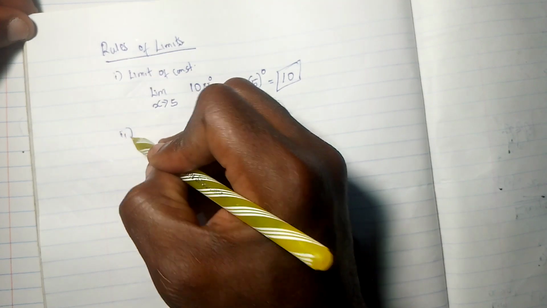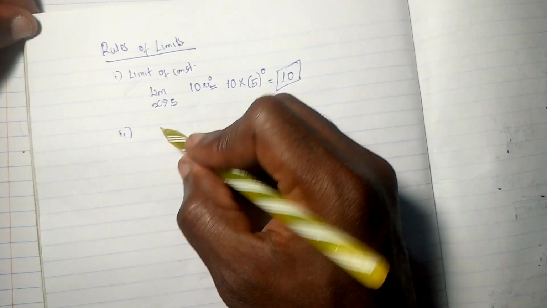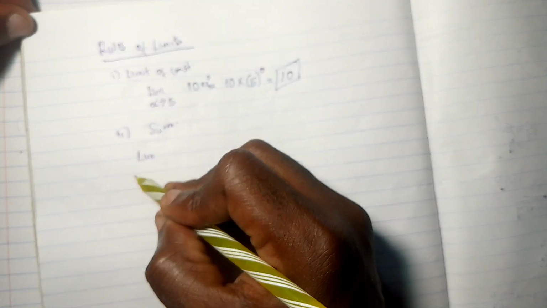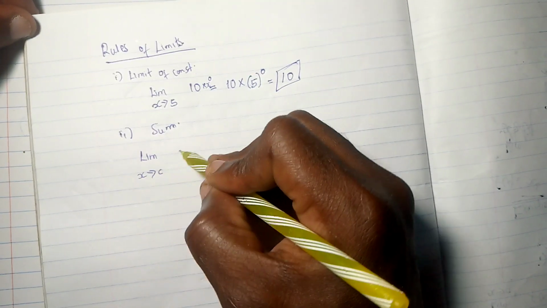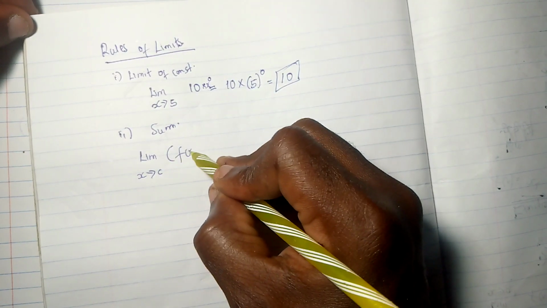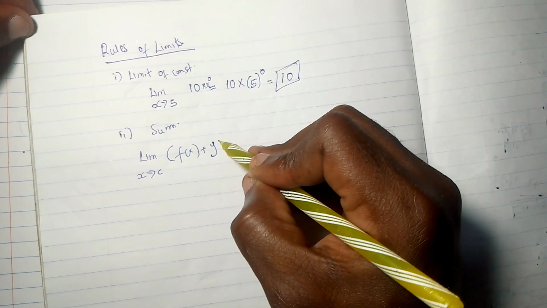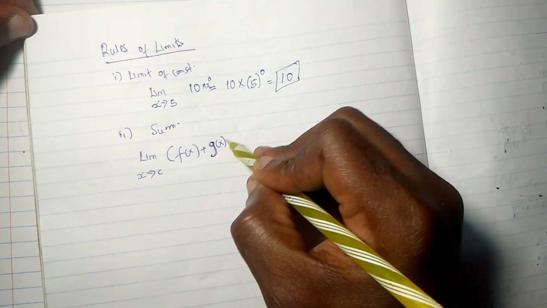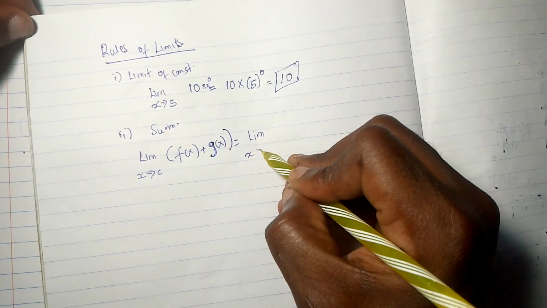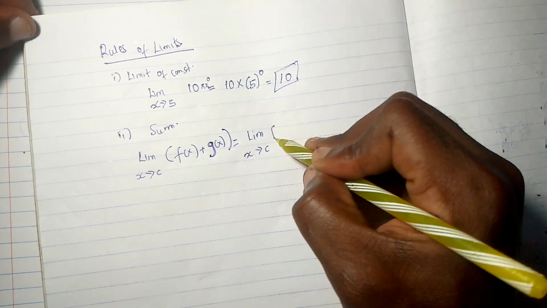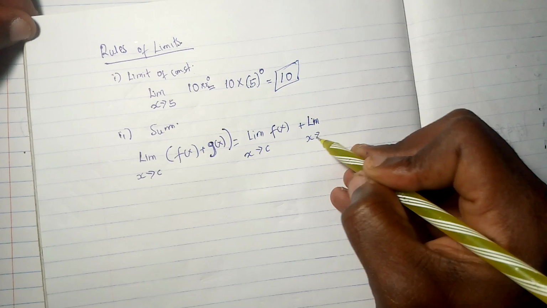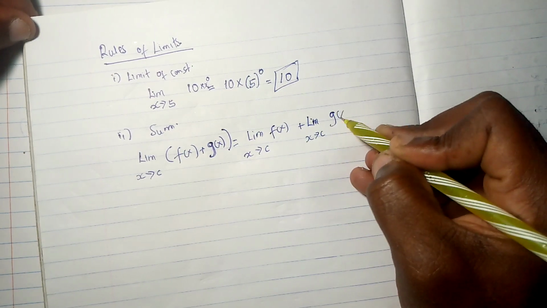Then number 2, we have what is known as the sum rule. I will write the limit as x approaches c of f of x plus g of x is equal to the limit as x approaches c of f of x plus the limit as x approaches c of g of x.